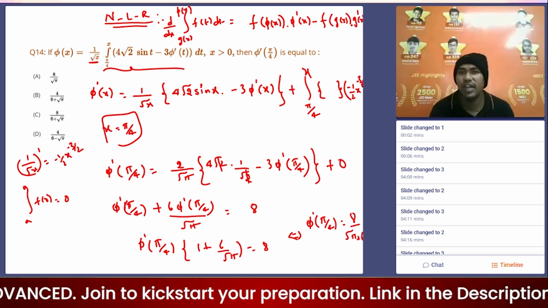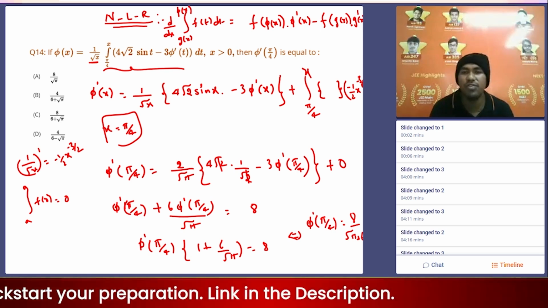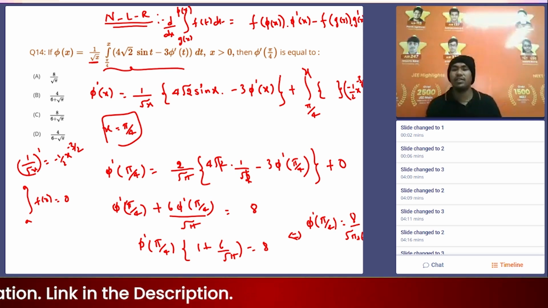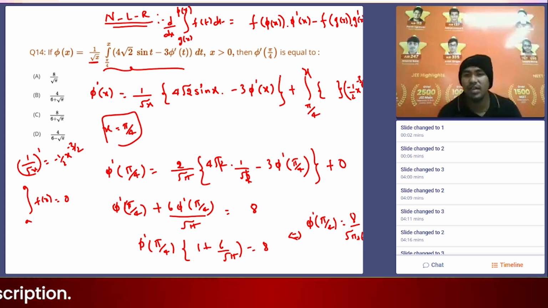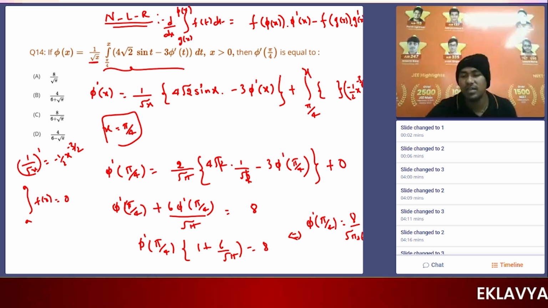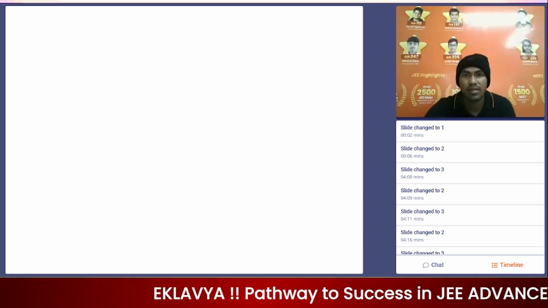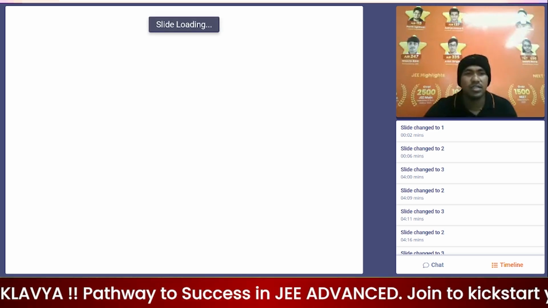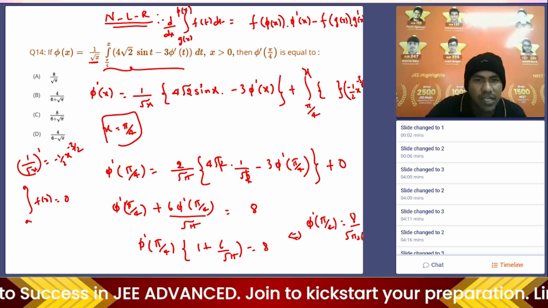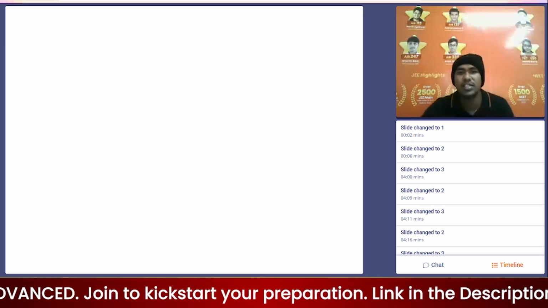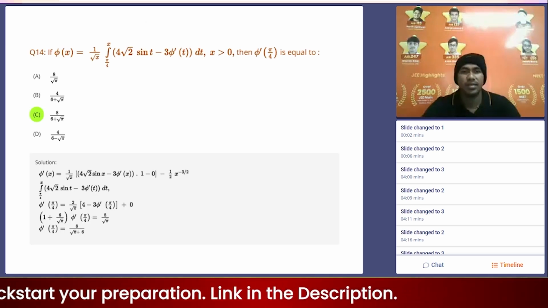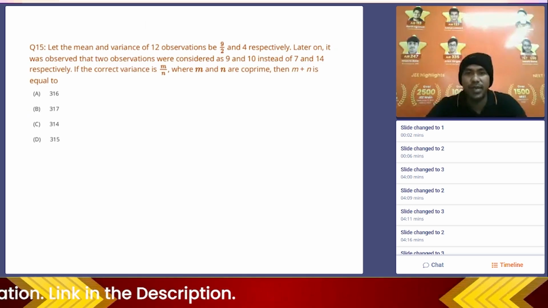And here we are having 4 root 2 times sin t only. So that's it, that is going to be our answer now. Clear? Yes. The answer is, I think, option, which option is it? 8 by 6 plus root pi. The answer is option C. Yes, 8 by 6 plus root pi.